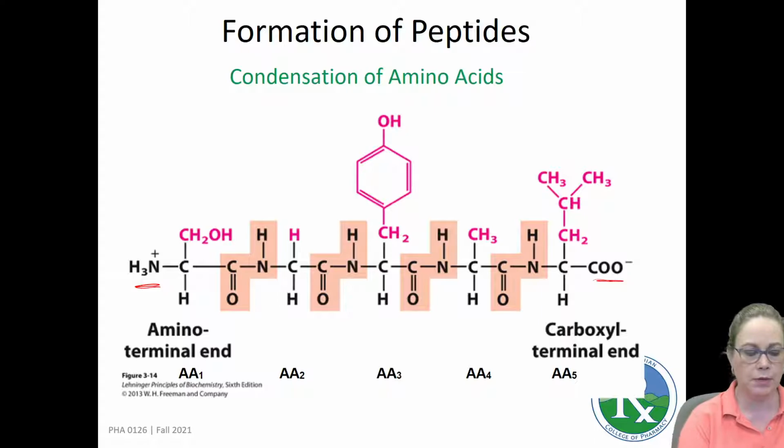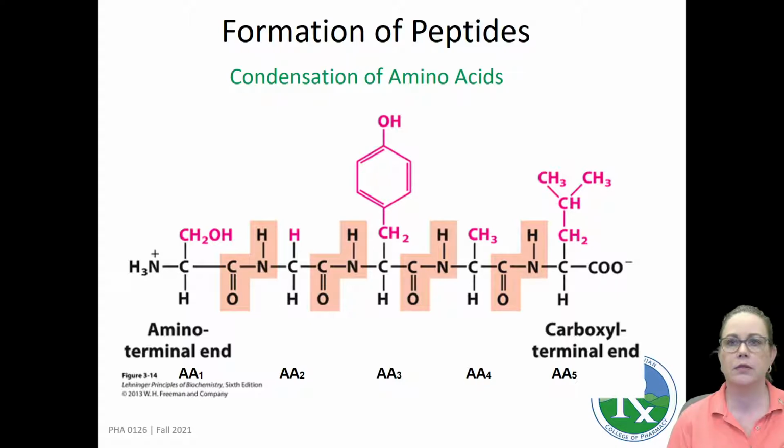On this peptide, you should be able to identify the amino terminus and carboxy terminus. It's easy in peptides that aren't modified. You should also be able to highlight the peptide bonds. In this instance, it's a little bit easier since it's already done for you. And then you should be able to identify specific amino acids.